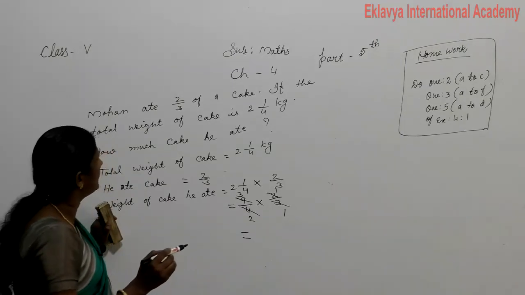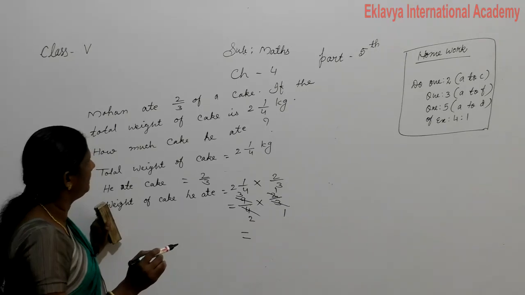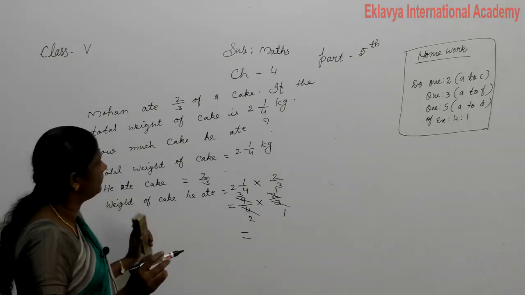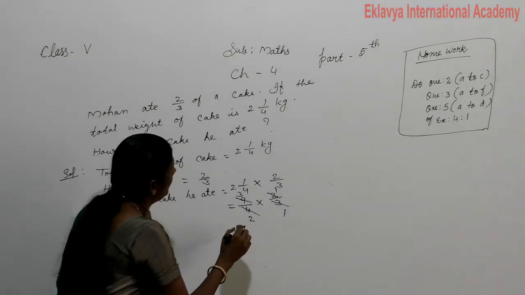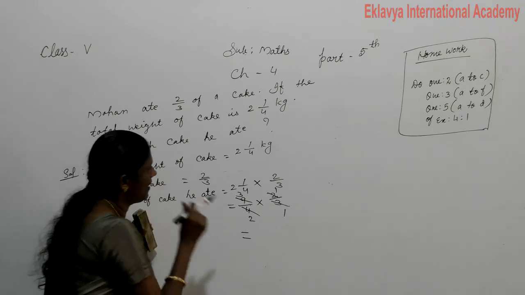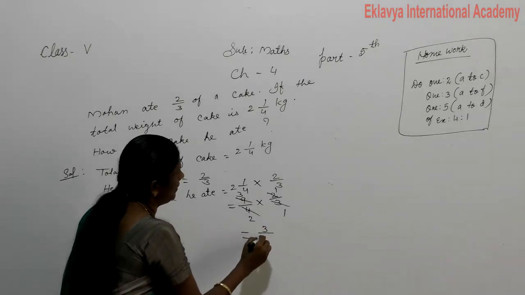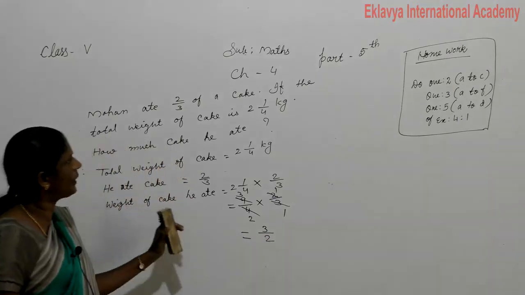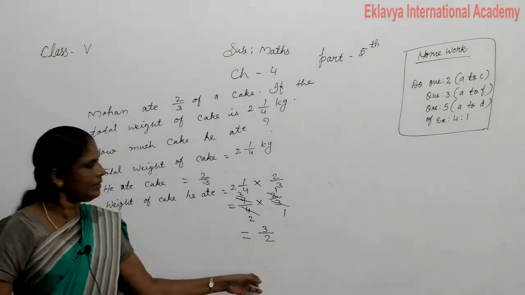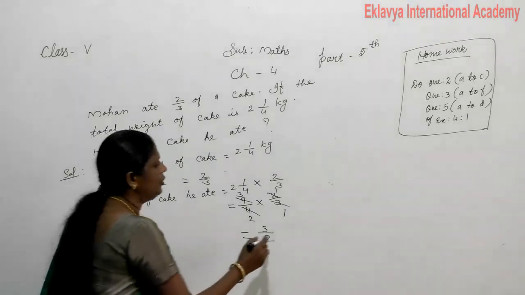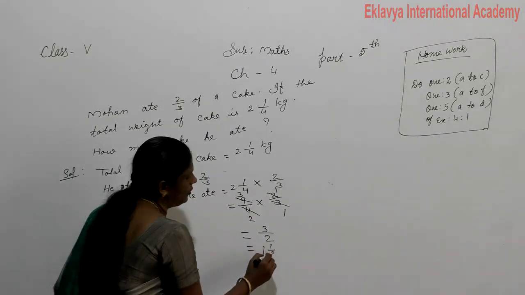Now we multiply this: 3 1s are 3, then 2. Okay, then which fraction is this? Improper fraction. Then you convert it: 1 1 by 2 kg.